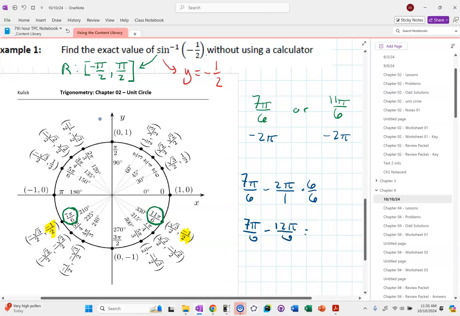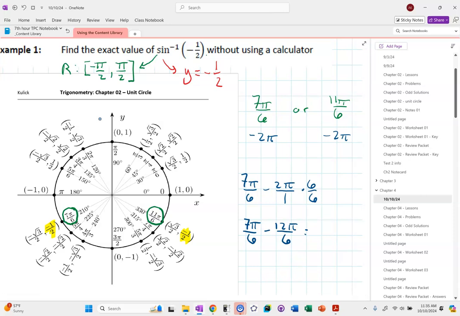So I have 7 pi over 6 minus 12 pi over 6. Pretty good. How do I subtract two fractions when they have a common denominator like that? Does anybody remember back to like 6th grade when you would have been learning this? That was a long time ago.